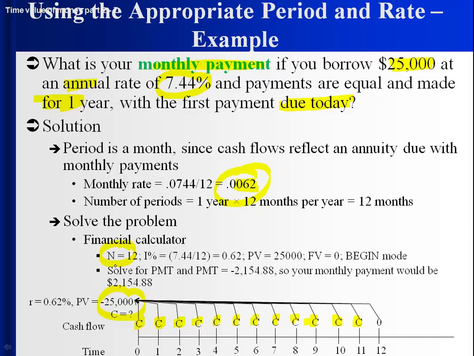So there's 12 payments. The rate per month is 62/100. Present value is 25,000. We're in begin mode because our payments start today, and those payments will be negative $2,154.88. So once you do this work, this part is nothing new.